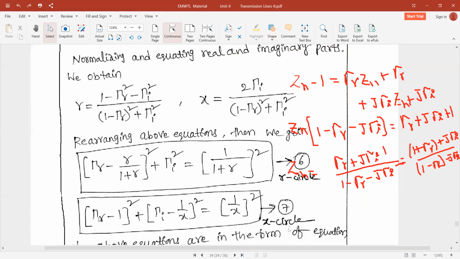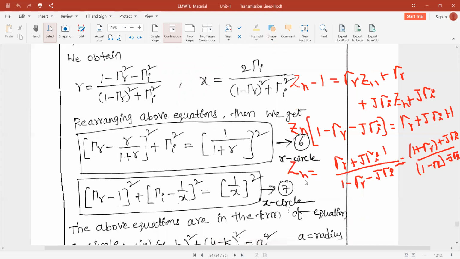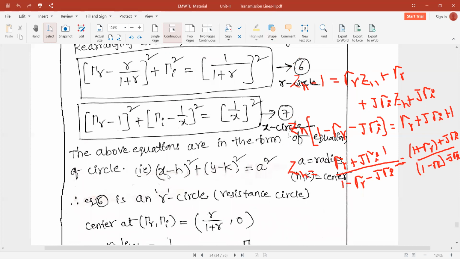And similarly here also, gamma r minus A and gamma I minus B whole square is equal to R square. The R circle and the X circle. The above equations we can take as X minus H and Y minus K whole square equal to A square, where A is the radius.